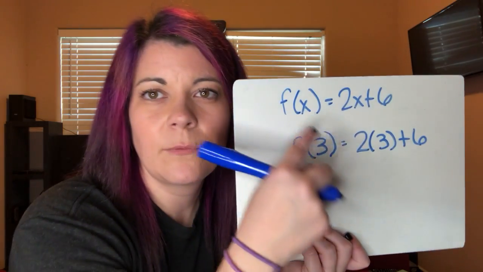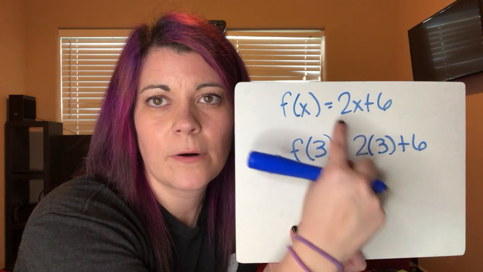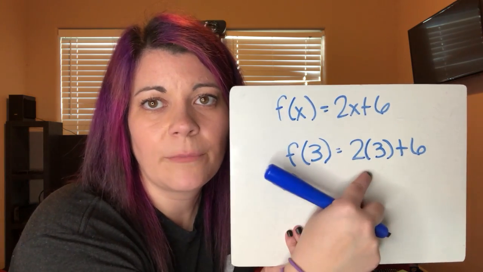And then, once I do that, the function of 3 is 2 times 3 plus 6. So all I did was substitute 3 in for x here. So 2 times 3 is 6, and then 6 plus 6 is 12. So the function of 3 equals 12.